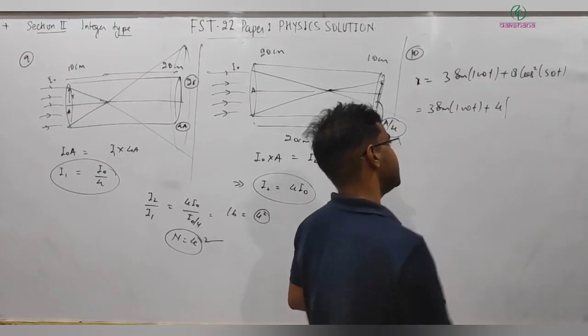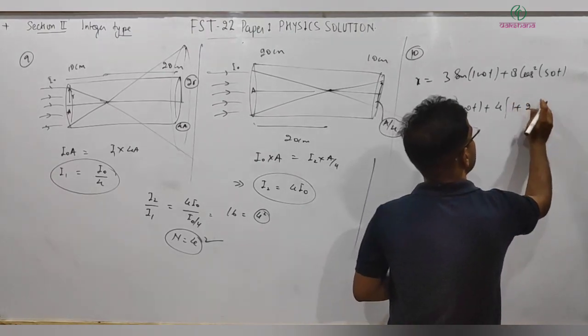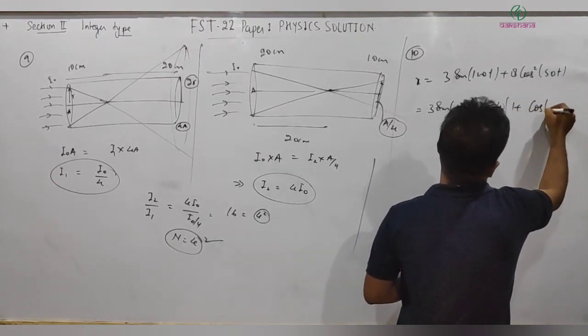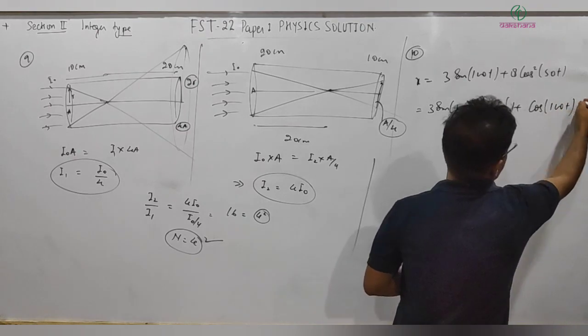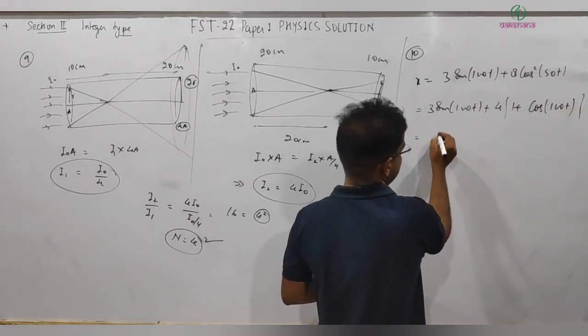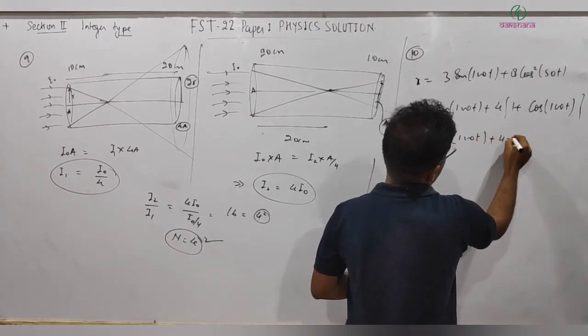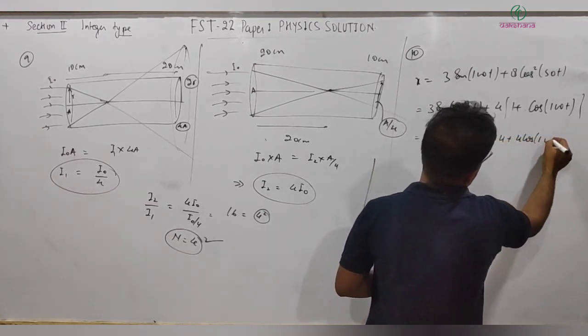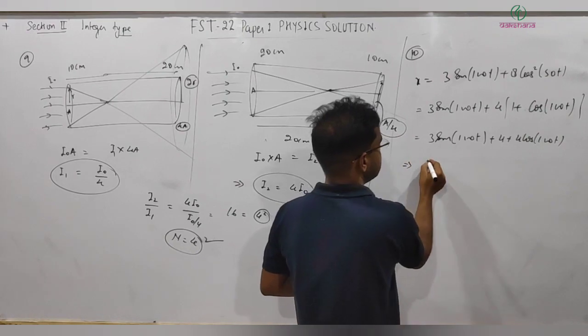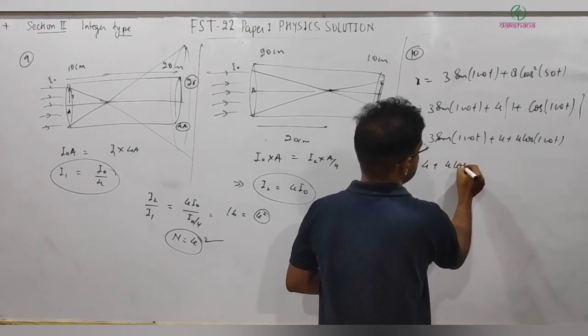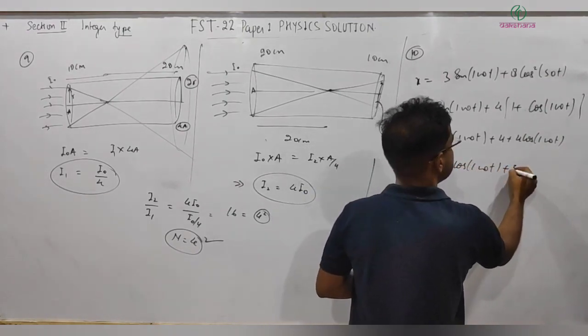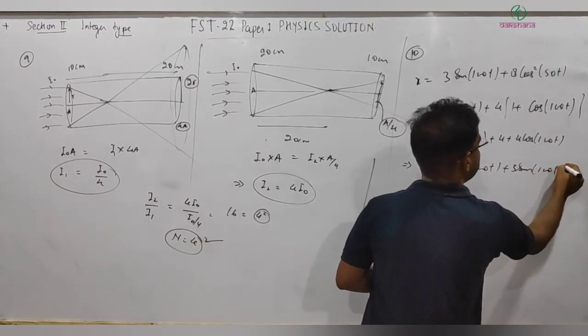That can be expressed as 1 plus cos 2 theta, that is 100 t. So this implies it's 3 sine 100 t plus 4 cos 100 t, and this is basically 4 plus 4 cos 100 t plus 3 sine 100 t.